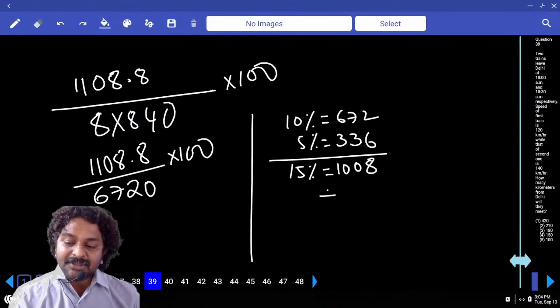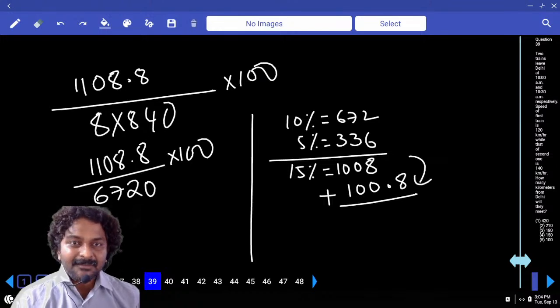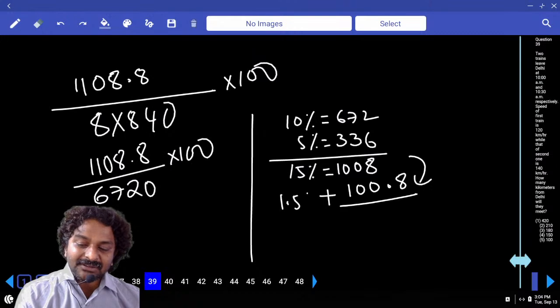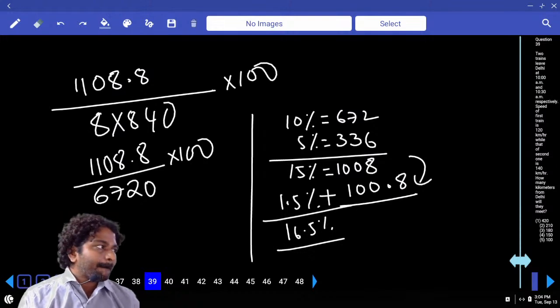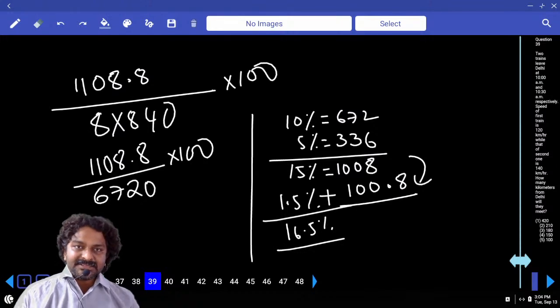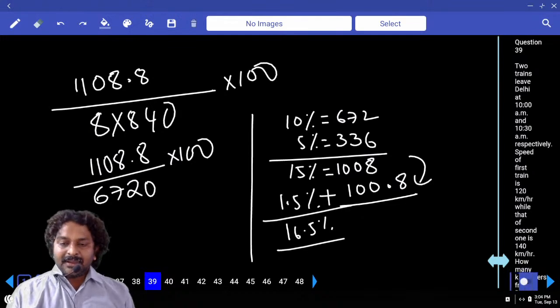That means to this how much you need to add? 100.8, which is 10% of the above number only. That means this is 1.5% only. Then how much is the total value? 16.5. Yes. Stop here.